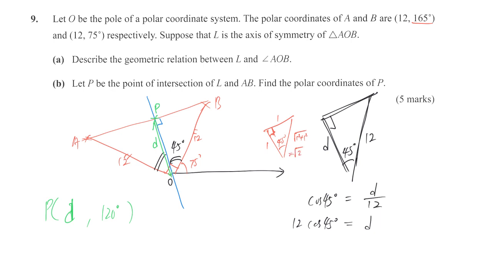It's not just 2, it's square root 2. Okay? So you may write it this way. D to 12 is equal to 1 to square root 2. D over 12 is equal to 1 over square root 2. So D is equal to 12 divided by square root 2.